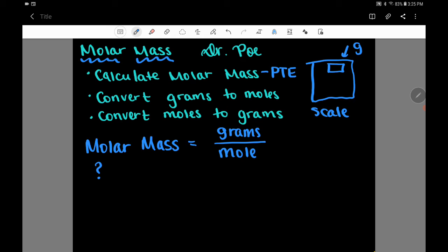Each chemical formula has one specific molar mass, and that's going to tell us how many grams are present in 1 mole of whatever formula or whatever compound we have.